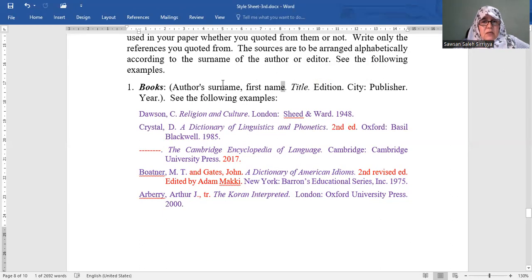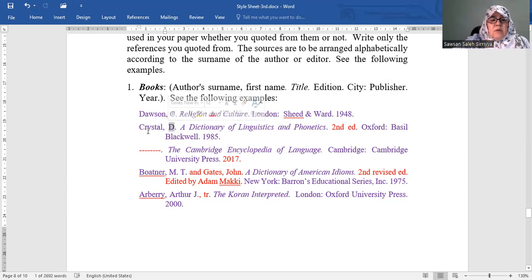The author's surname, his family name, comma, then the first name. Edition, if there is an edition. City, then you have a colon, then the publisher, full stop. Look at this example, Dawson C. Now in the APA edition, usually we take the family name and the first letter of the second name, but you can write the full name.